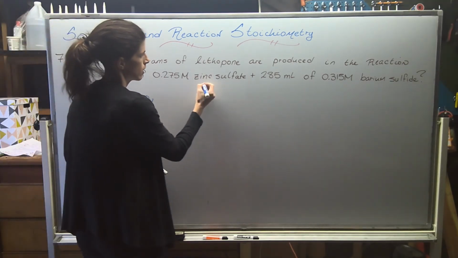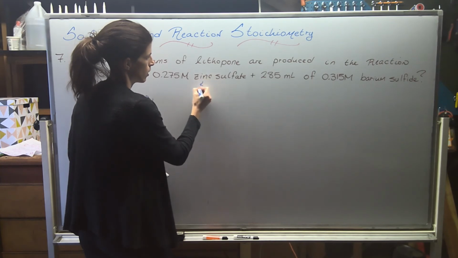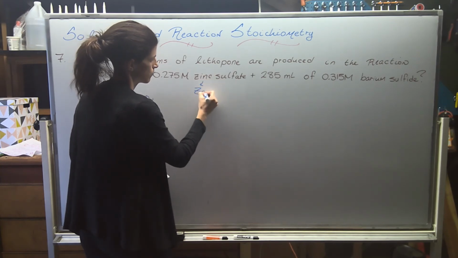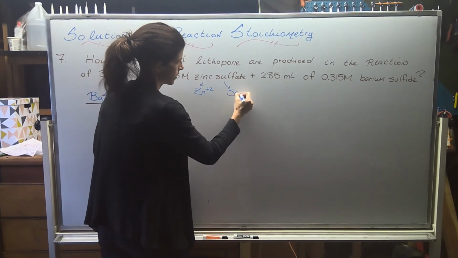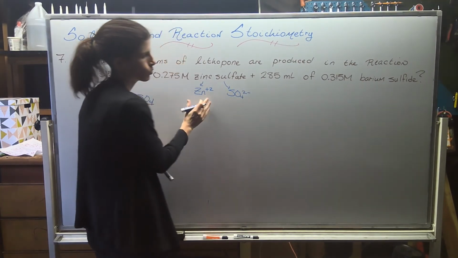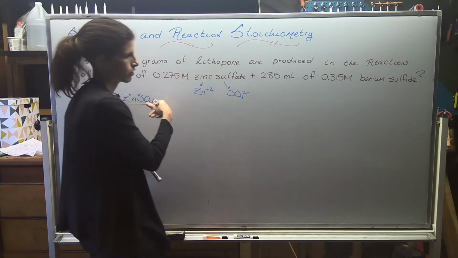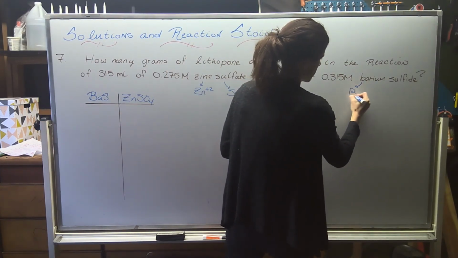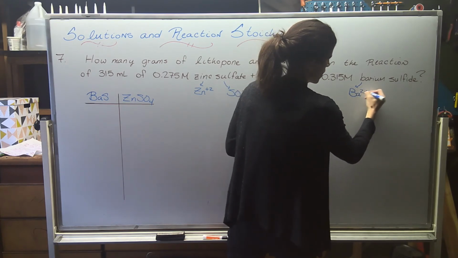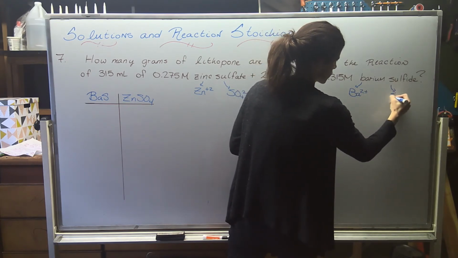So zinc, I know, has a +2 charge, and sulfate is SO4 2 minus. Remember, this is one that you just have to know. Zinc is going to be +2. Barium's in group 2, so that's going to be a +2. And sulfide's in group 6, so that's going to be a 2-.